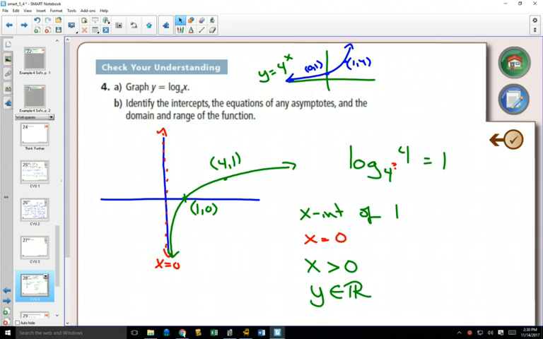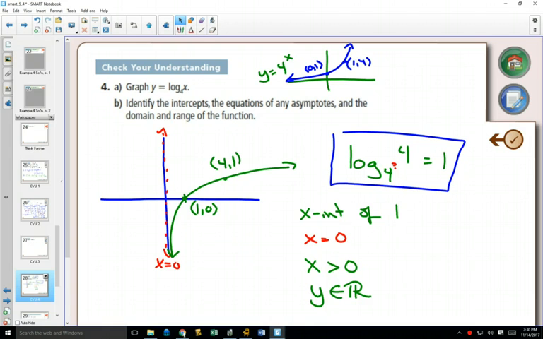So what you're going to have going forward is you're just going to know that just like you know that all your exponentials have (0, 1), all of your parent graphs of your log graphs are going to have (1, 0). And then the (4, 1), you can also get by saying to yourself, what are values that I know that I could plug in? I know that 4 to the power of 1 is 4.